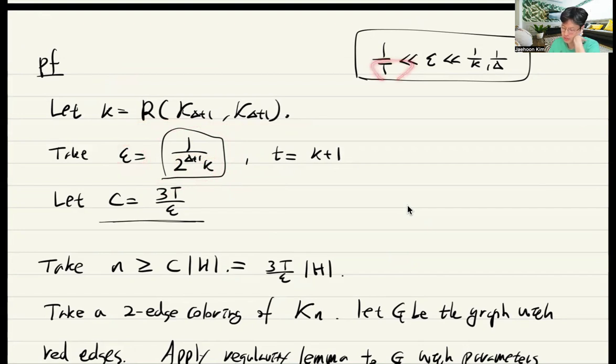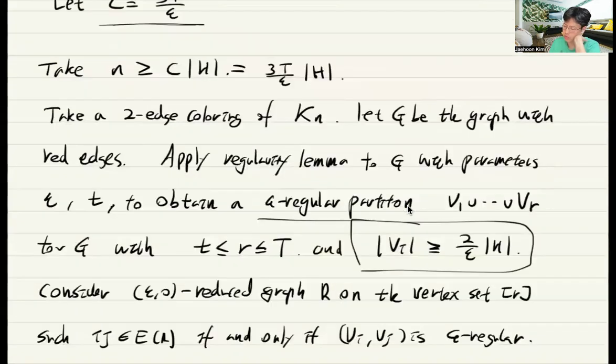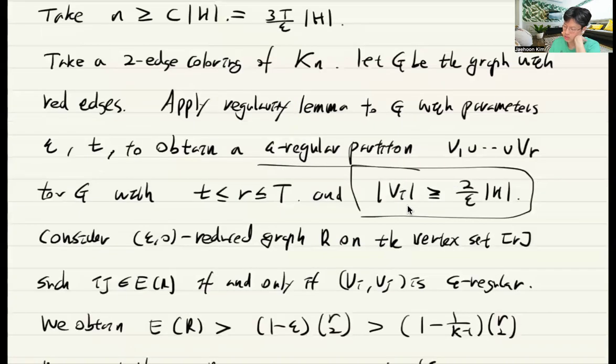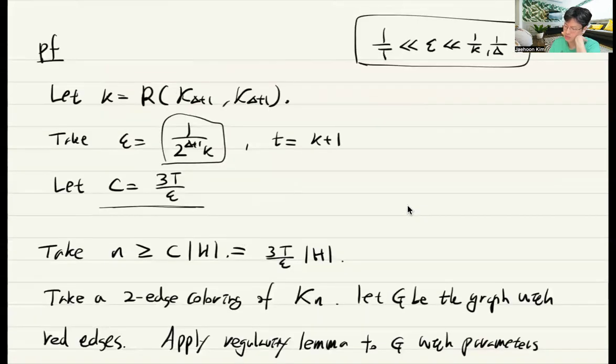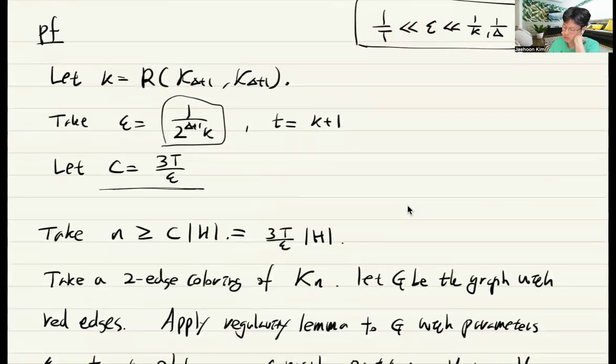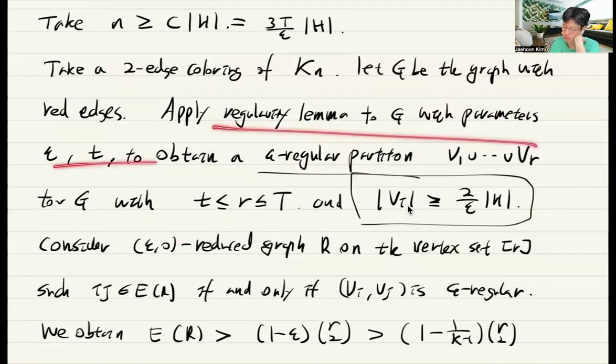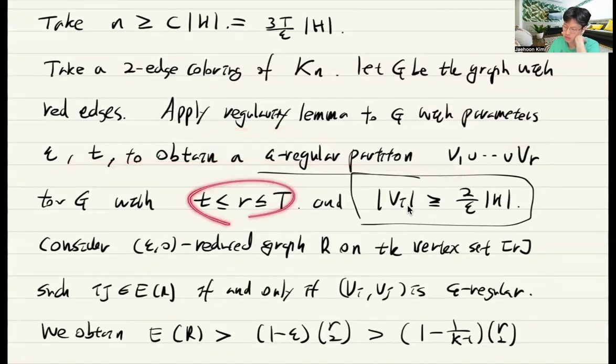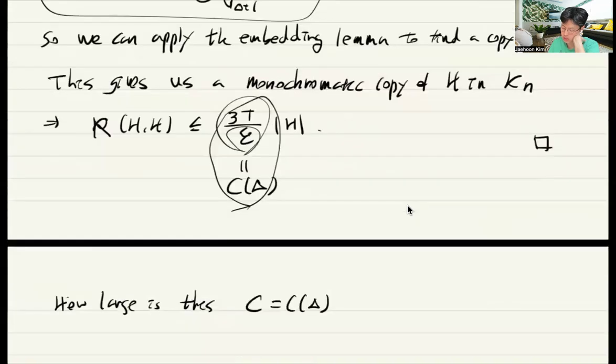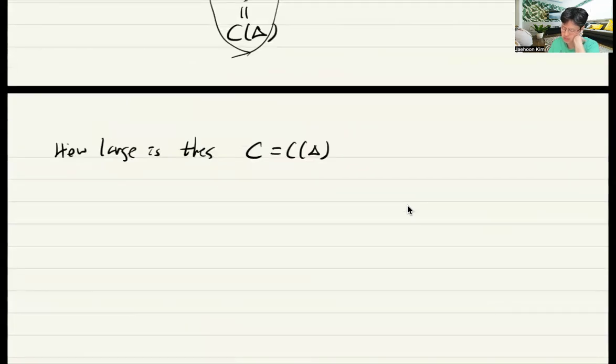But there is this T. T should be sufficiently larger than epsilon so that we can apply the regularity lemma. And as we saw before, the number of parts in the regularity lemma has a tower-type relationship.